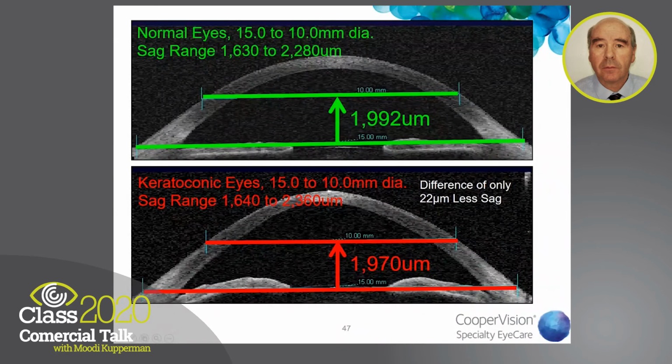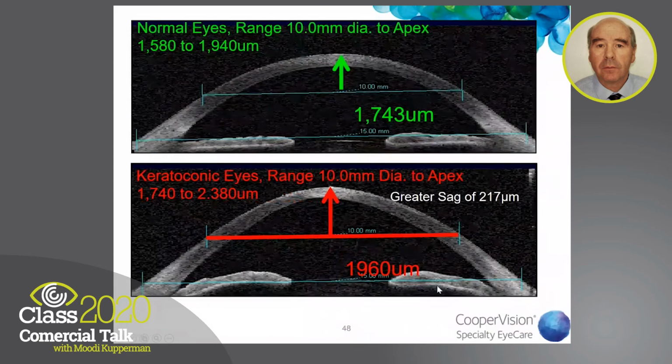But if we go to the next slide and look from 10 millimeter to 0, we found out that the normal cornea is 1750 microns, and the ectasia or the keratoconic eye is 1960 from 10 to apex.